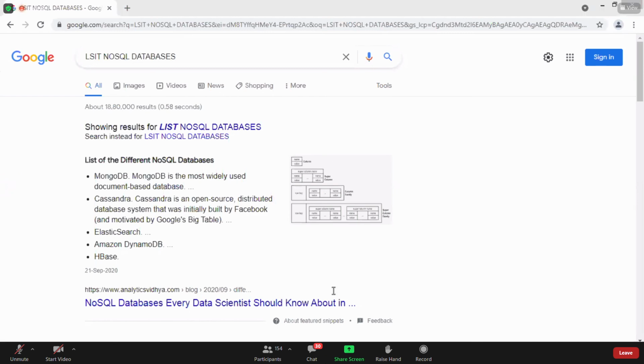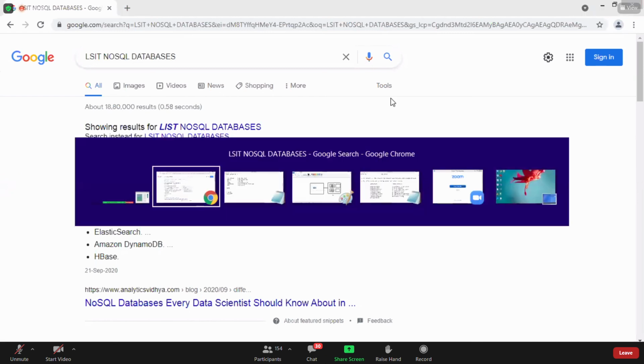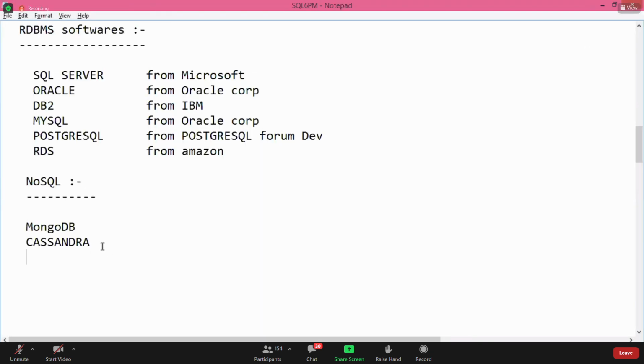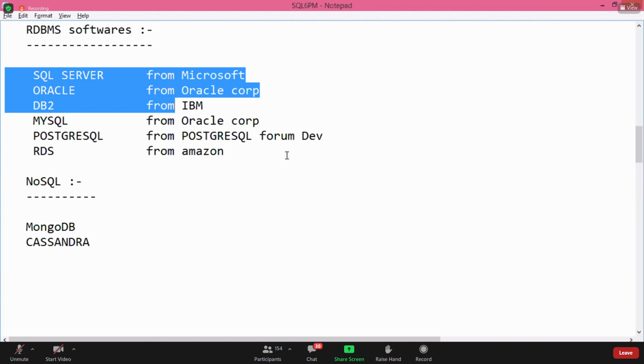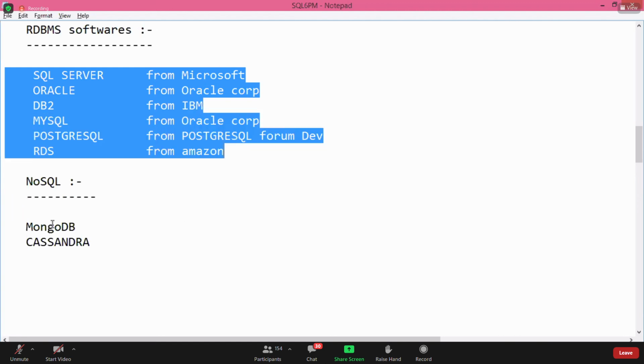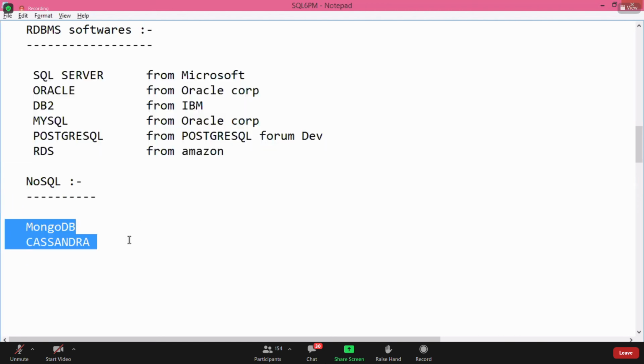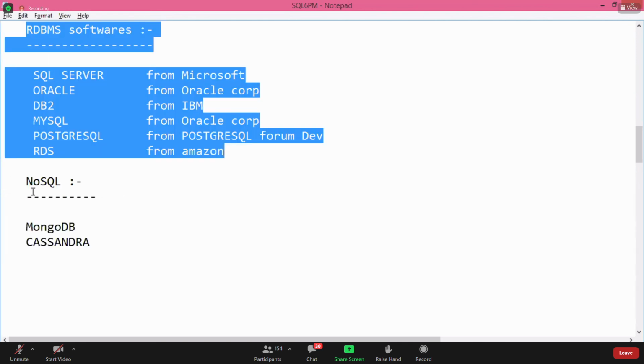What do NoSQL databases mean? NoSQL means they don't use the SQL language. They are one family. RDBMS uses tables and the SQL language, but these don't use tables.